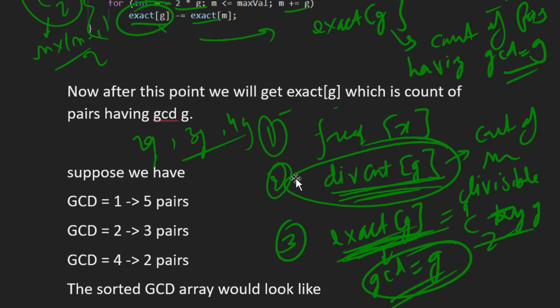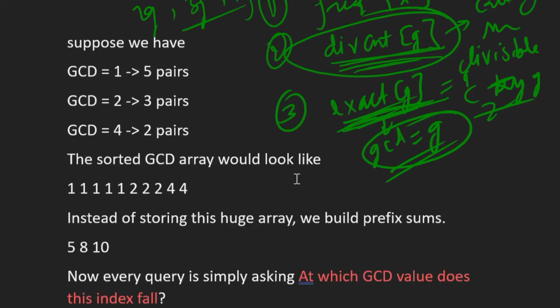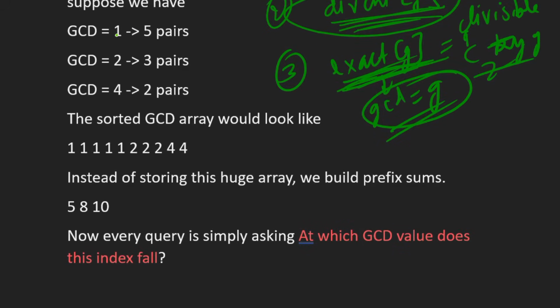So once we get the count of all the pairs having GCD G, suppose we get that GCD equal to 1 has 5 pairs, GCD equal to 2 has 3 pairs, GCD equal to 4 has 2 pairs. That means exact of 1 is equal to 5, exact of 2 is equal to 3, and exact of 4 is equal to 2.